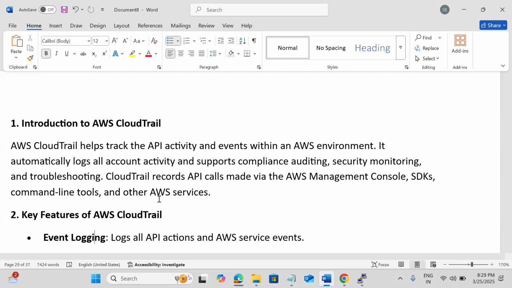But in our use case, none of the 10 members has root access. Each of the 10 members has their own IAM user. Then I can check from CloudTrail.